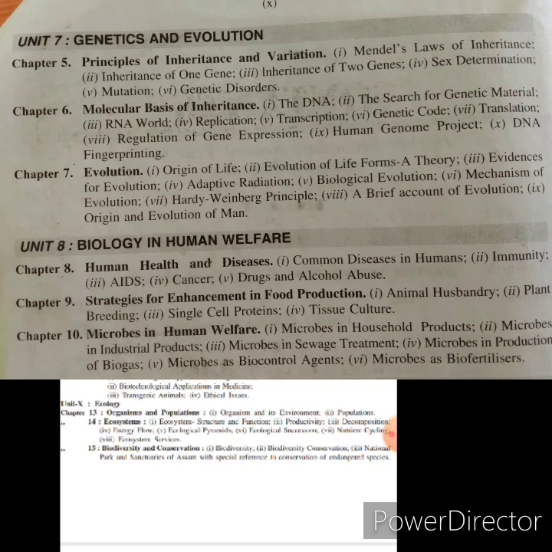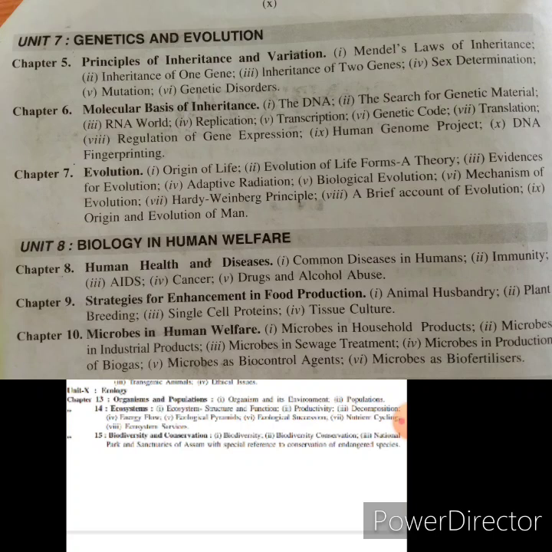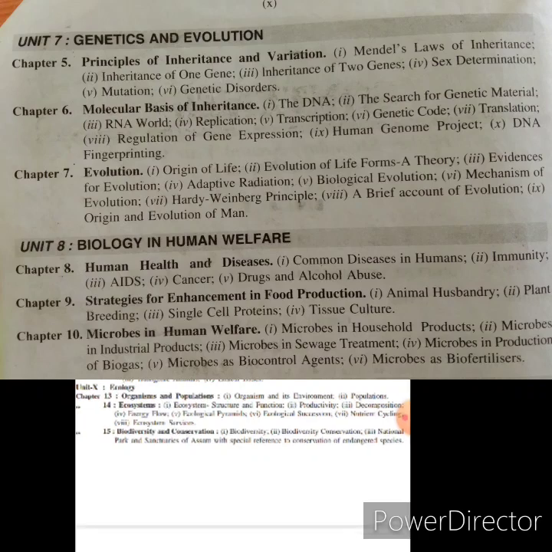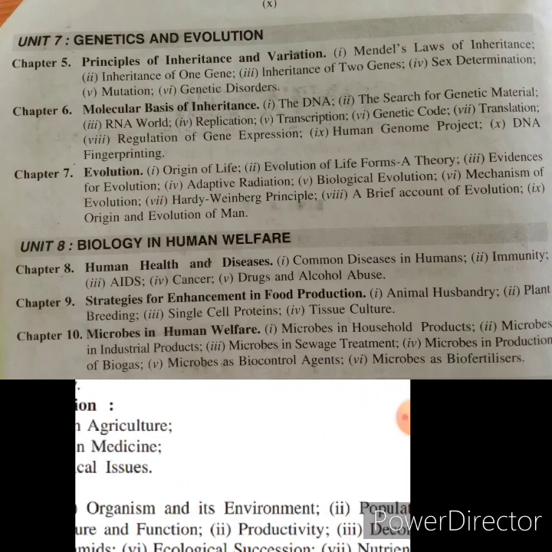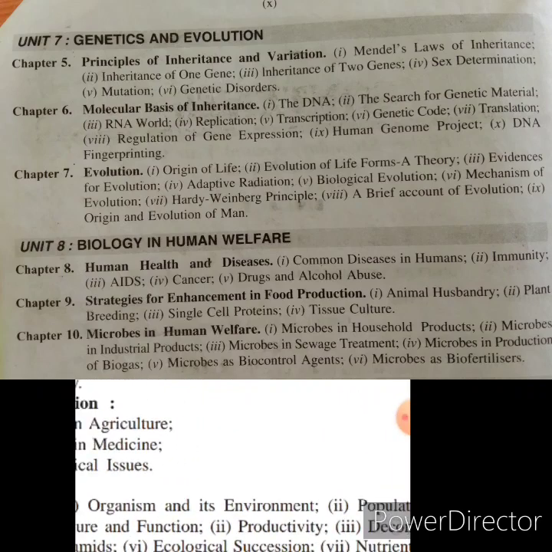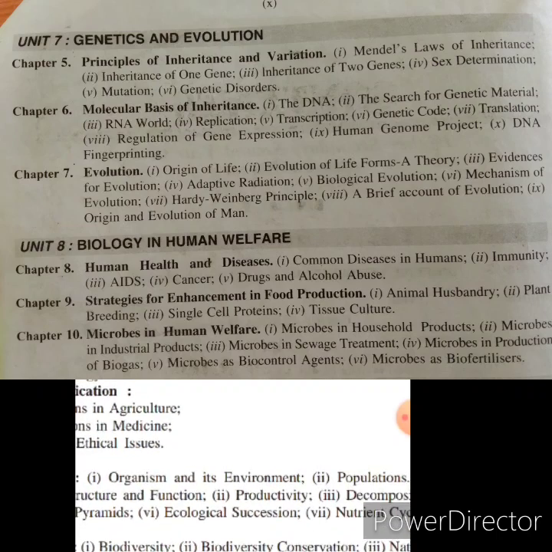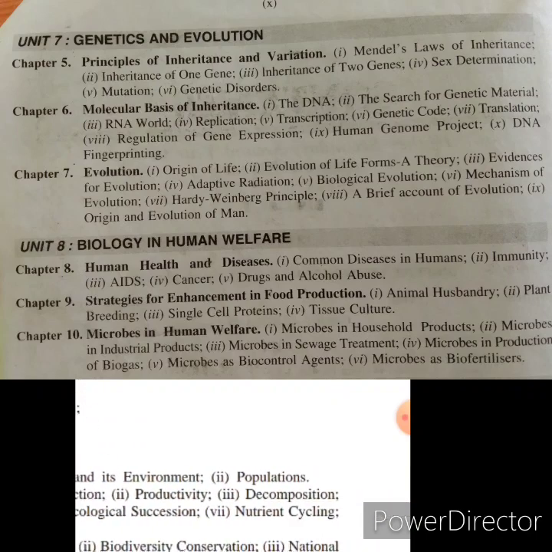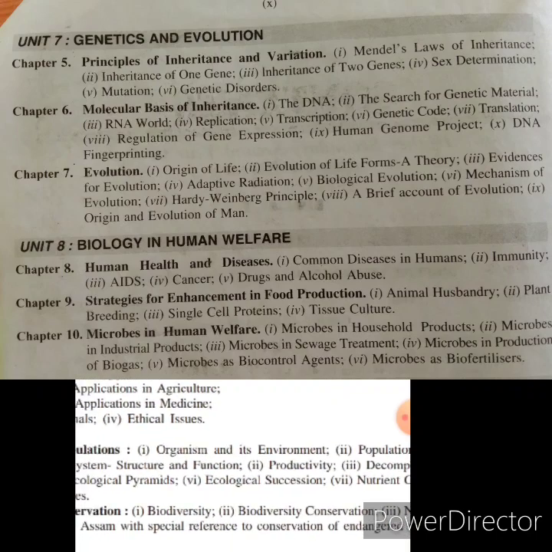So here is animal husbandry, dairy farm management, pisciculture, apiculture, etc. The word animal husbandry covers a very huge, vast area, so you have to cover all those things. Next is plant breeding.